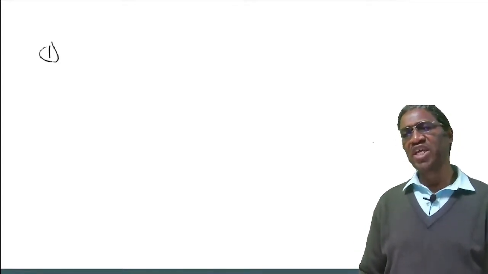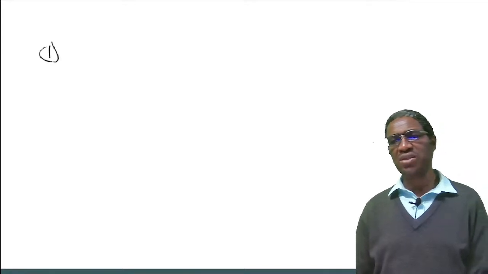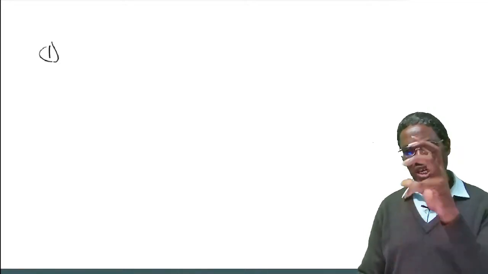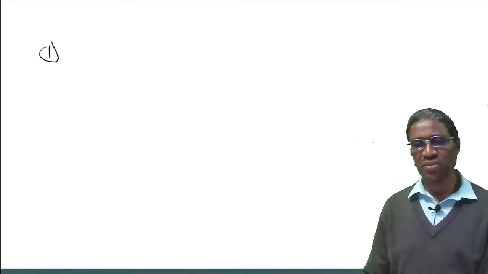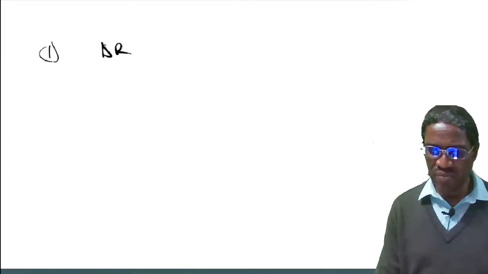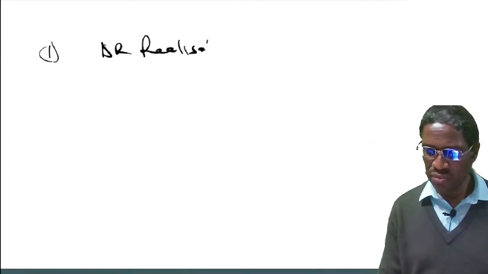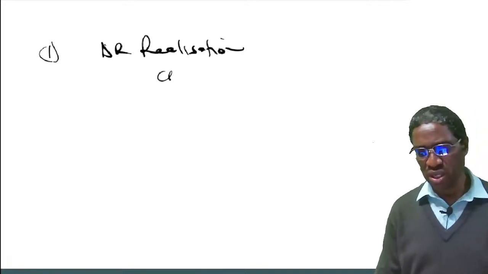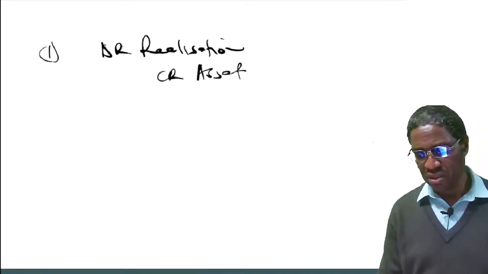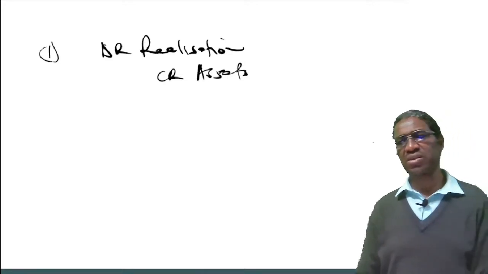So put down the double entry: debit realization, credit assets.